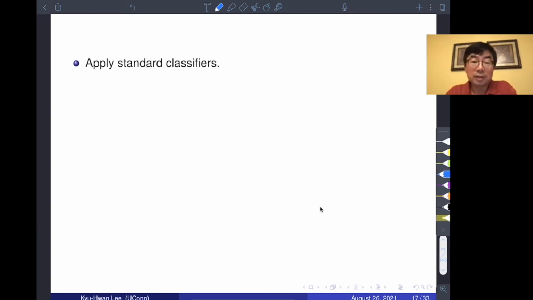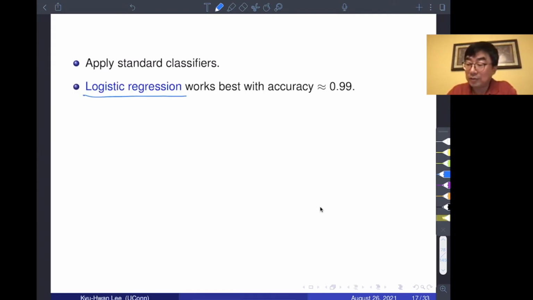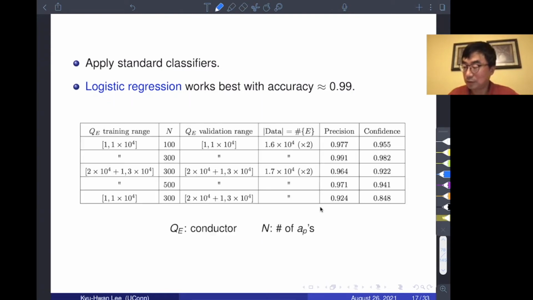Again, we apply the standard classifiers. Surprisingly, logistic regression, the very elementary and most fundamental technique, works best with accuracy 0.99.